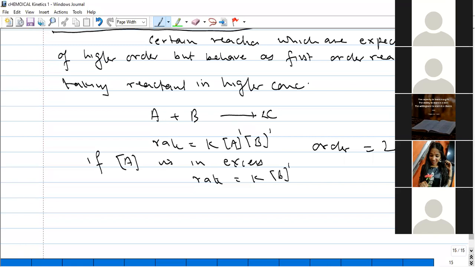So in this particular reaction, A and B are the reactants. Rate law is rate is equal to K[A]^1[B]^1. That means order of the reaction is 2.